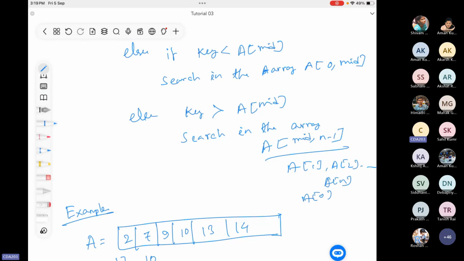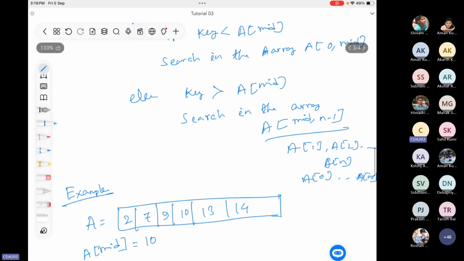Otherwise it's 0 to n-1. It's not like it will always count n-1. So don't think like that. It depends on what your initial index is.